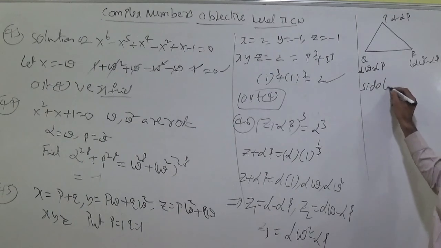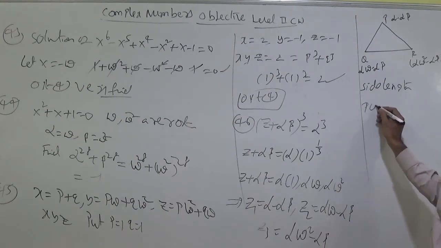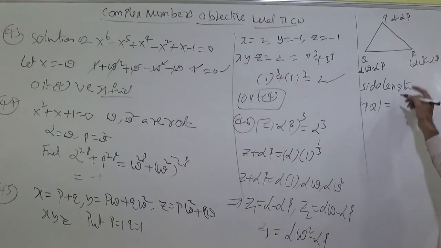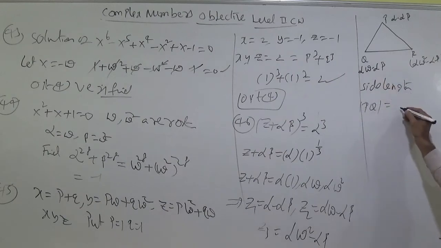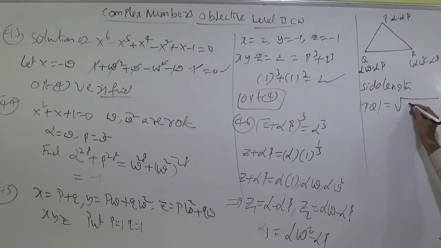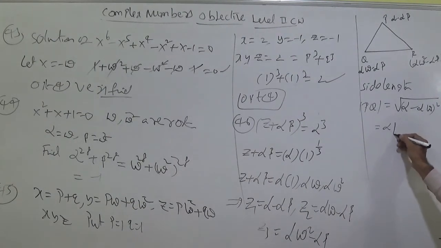Side length he is asking. Length of side, modulus of PQ is equal to root of alpha minus alpha beta minus alpha omega, minus of minus becomes plus alpha beta. So alpha minus alpha omega, total squared; of course you can write alpha taken common, modulus of 1 minus omega.